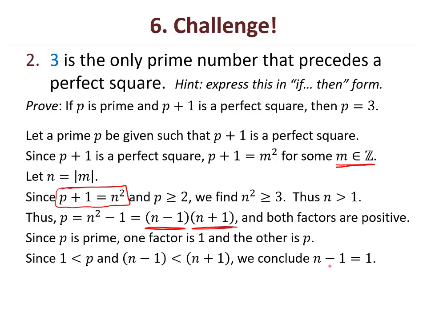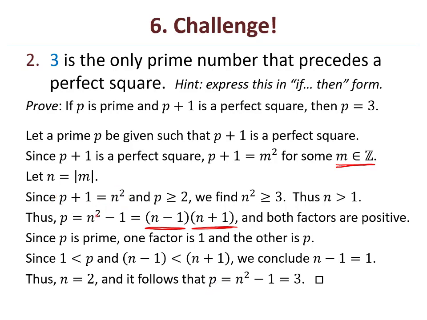Now, look at that, n minus 1 equals 1. That tells me that n equals 2. And if n equals 2, I can come back to here. If n equals 2, then it follows that p, which is n squared minus 1, actually equals 3. Hey, look at that! And that's the proof.